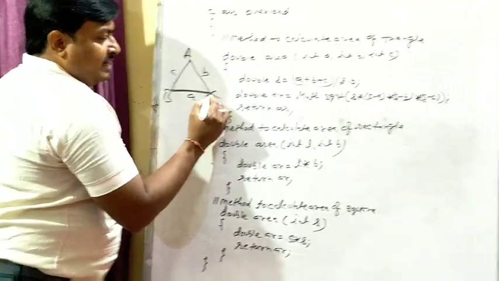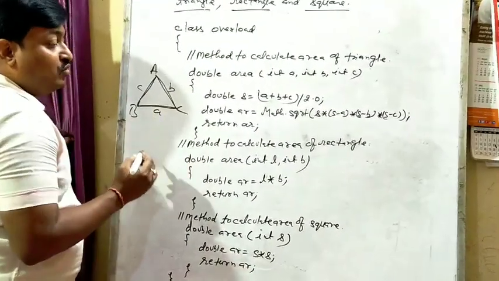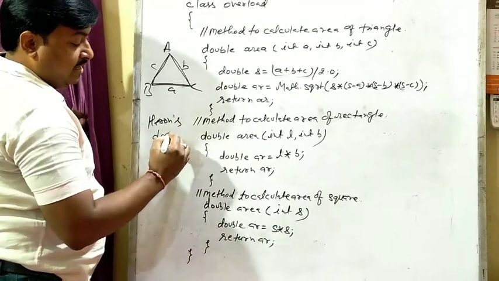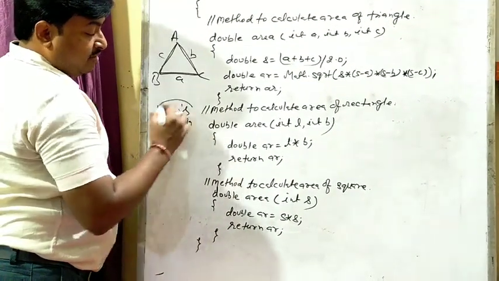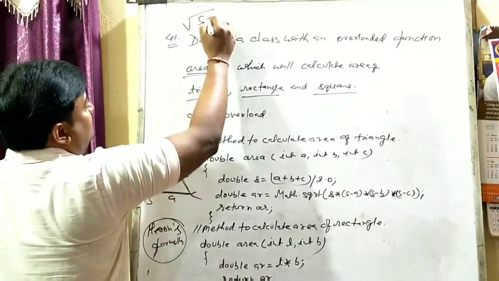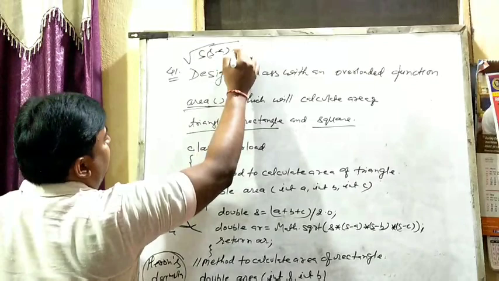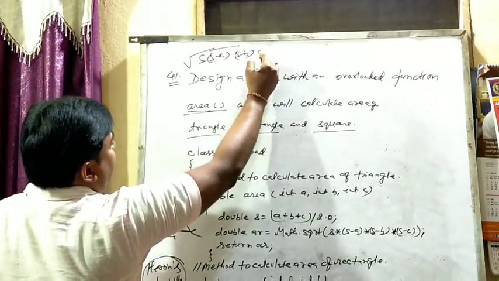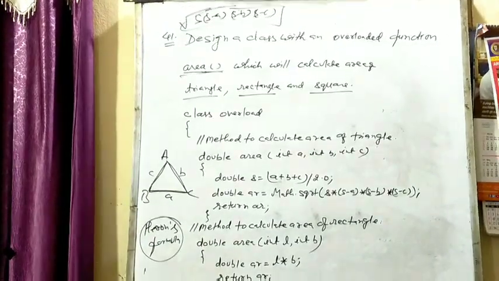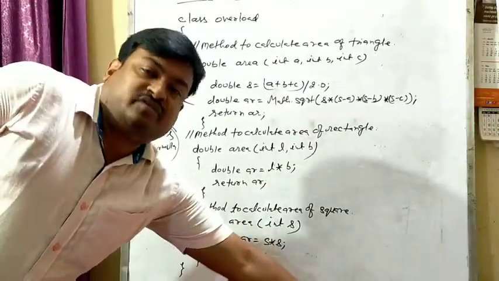So we will input three sides of a triangle and use Heron's formula, that is root under S into S minus a, S minus b, S minus c. This is called Heron's formula. Using Heron's formula, we will calculate the area of the triangle.